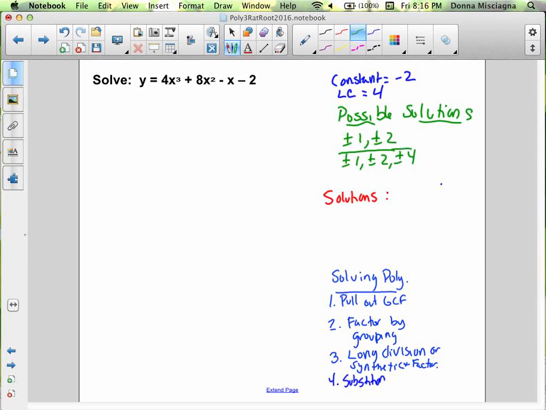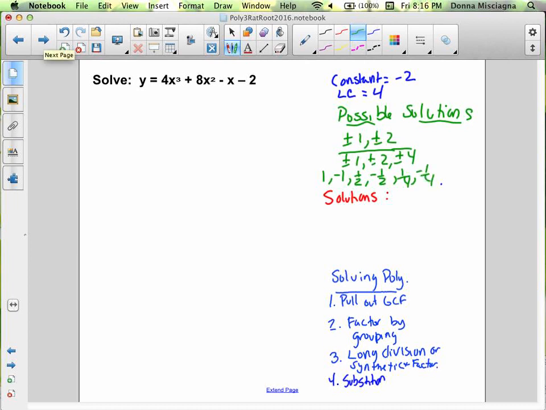Because 4 is 1 times 4, 2 times 2. So our possible solutions would be 1 and negative 1. And then if we divide by 2, 1 half and negative 1 half. And then 1/4 and negative 1/4.